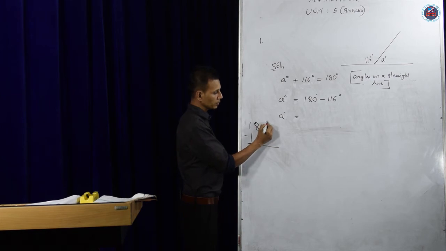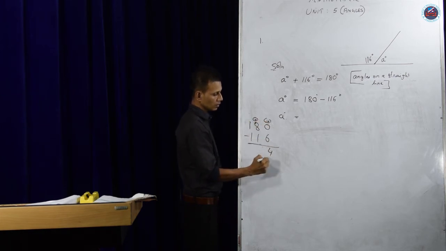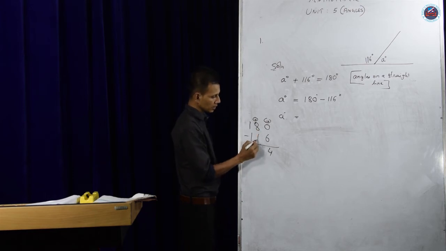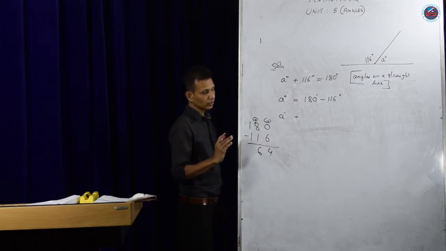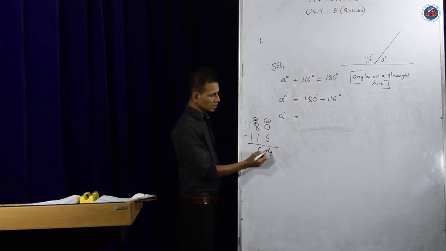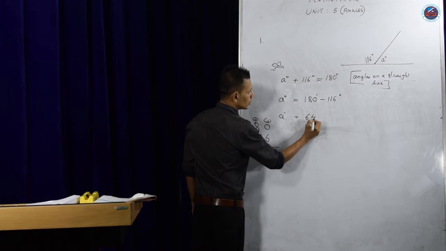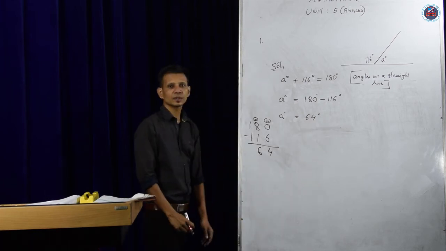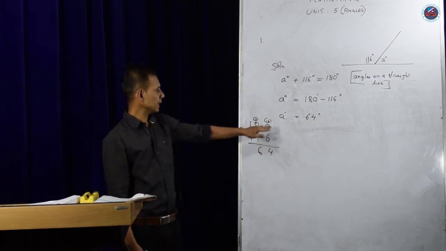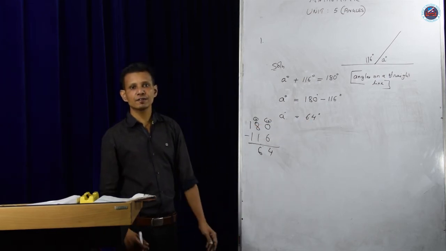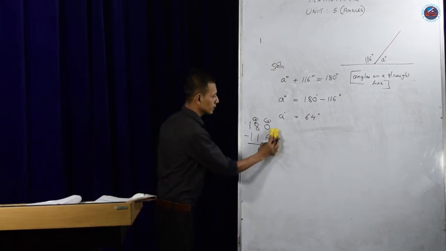Here 1, this will become 10 and here 7. Remember, 10 minus 6, 4. 7 minus 1, 6. 1 minus 1, 0. No need to show. 64. Wow. A, you got 64. That is your required answer.